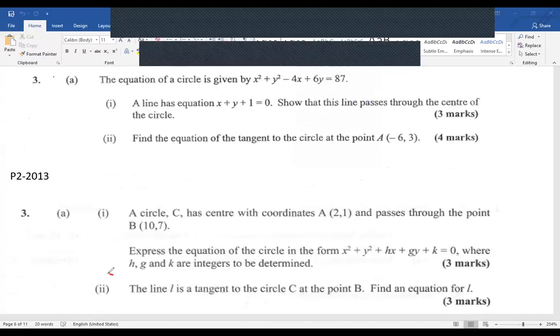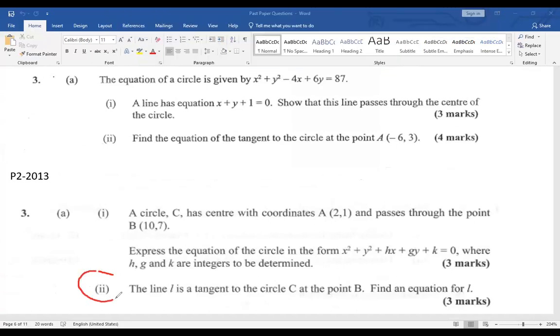All right, this one right here. So just know the paper and the number. No need to write all the question. And we already did this first part in a previous class.